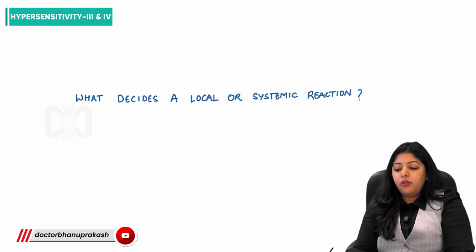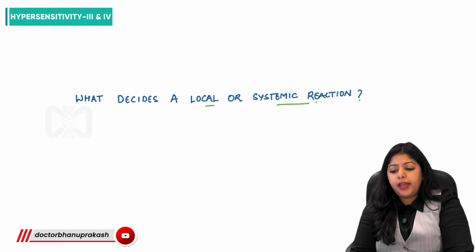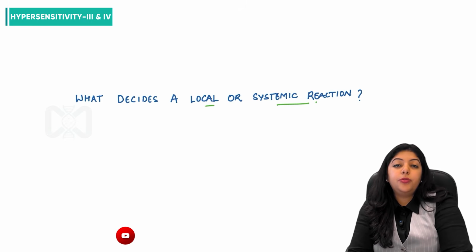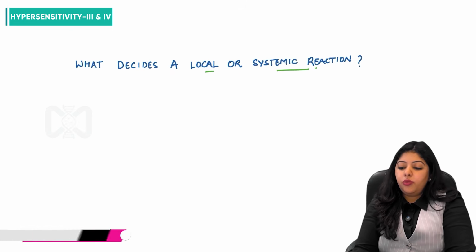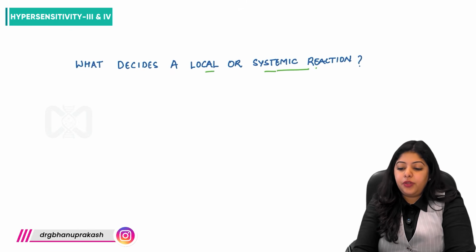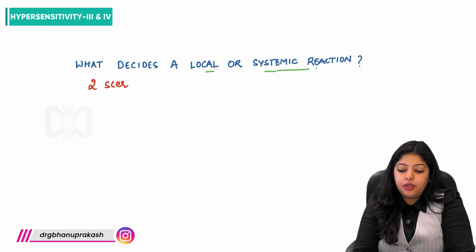Right? Now, what actually decides whether it is going to be a local reaction or a systemic reaction? So what happens is, two scenarios occur. There are two scenarios which we will be discussing.